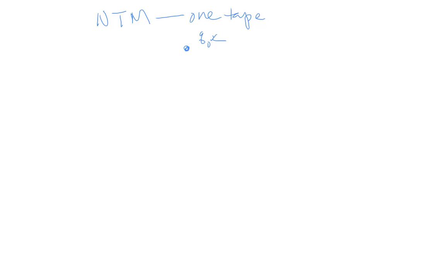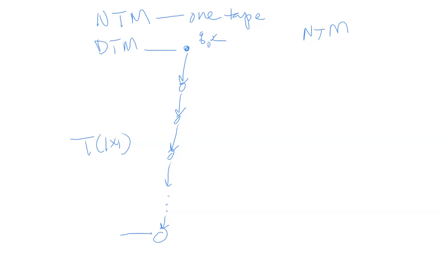For deterministic, you only have a linear sequence of steps, and then you stop. So this is the DTM, and its length is T of length of X. Now for the NTM, you start from your initial configuration, where X is the input and Q0 is the initial state, and you have more than one choice for the next configuration.